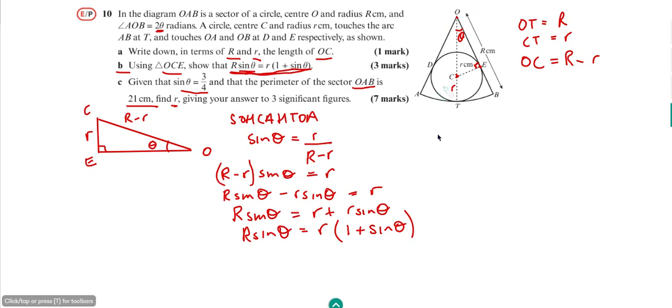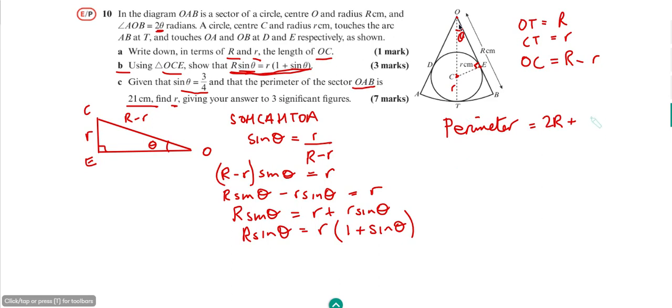So what we can do is try and come up with an expression for the whole of the perimeter of that. So we can see the two straight sides, the two straight sides are equal, R and R, so we've got 2R, and then the arc length there is going to be given by theta times big R, according to our formula.